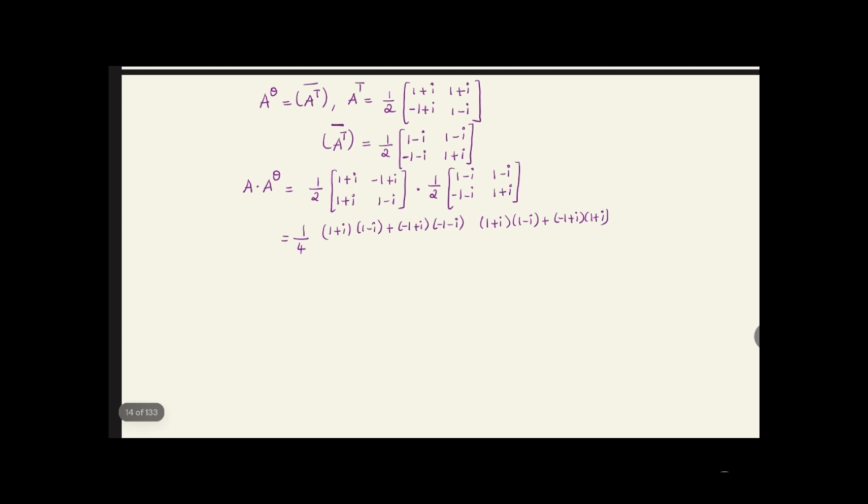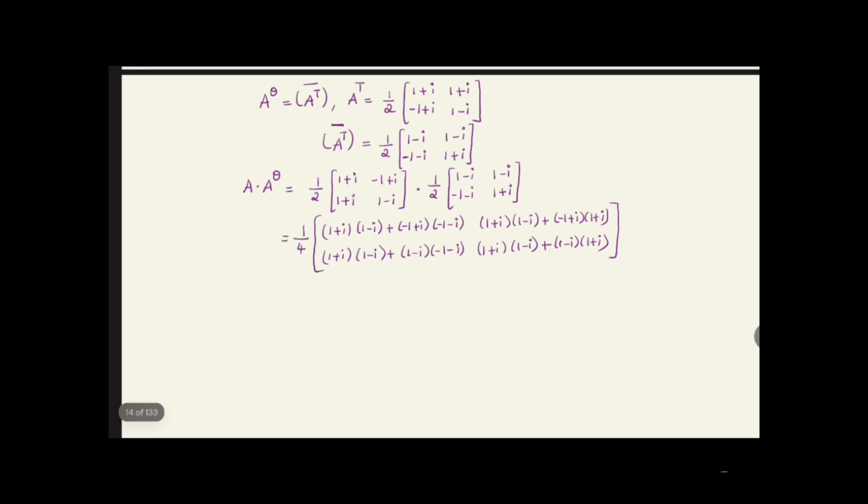Yes. Now coming to the third element, second row, first column: 1 plus i into 1 minus i plus 1 minus i into minus 1 minus i. Now second row, second column: 1 plus i into 1 minus i plus 1 minus i into 1 plus i. Is that clear, students?